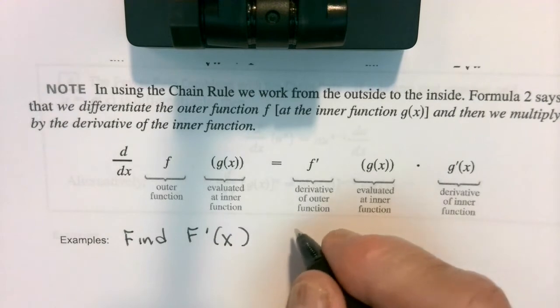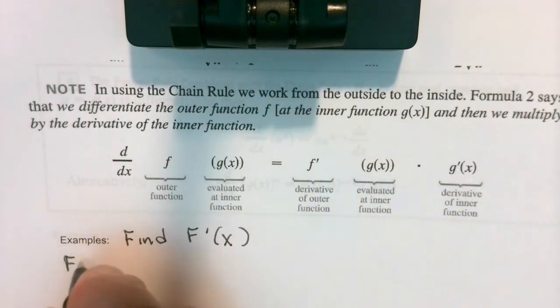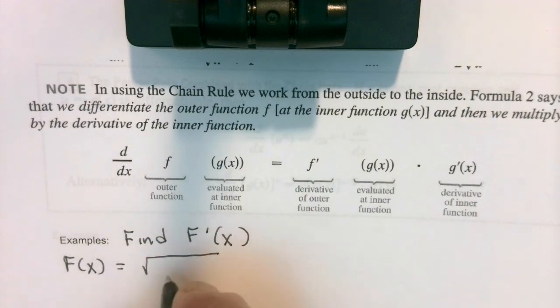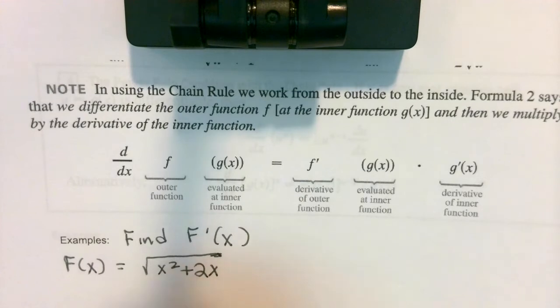And here's what we have for f of x. Now, in this example, we can kind of see that there's an outside and an inside. That's not always going to be the case, but sometimes it's really easy to just see this is outside of this function.